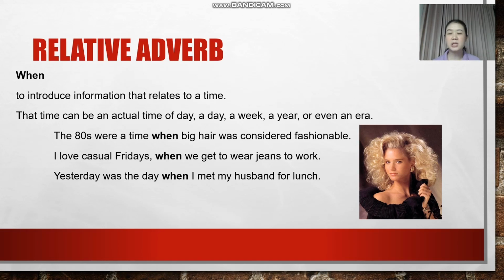Yesterday was the day when I met my husband for lunch. So that will be the same. A time, Fridays, the day, that is about the time. So we just use the word when to introduce the information right after it. But for the word Fridays, we just use a comma. So it means that when we get to wear jeans to work, that is extra information.